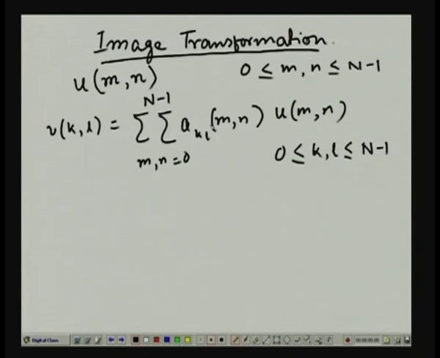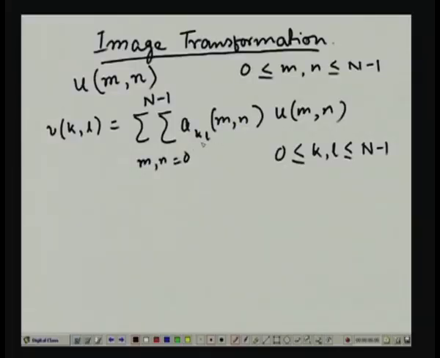So, this clearly shows that the matrix we are taking is of dimension capital N by capital N, and not only that, we have capital N into capital N, that is N square, such unitary matrices. Because k and l both take values from 0 to capital N minus 1, I have capital N square number of unitary matrices.